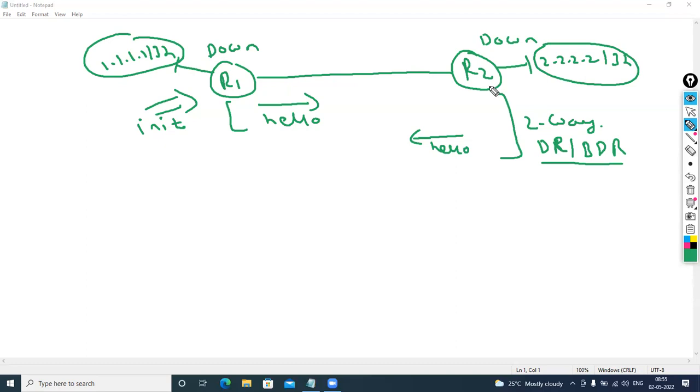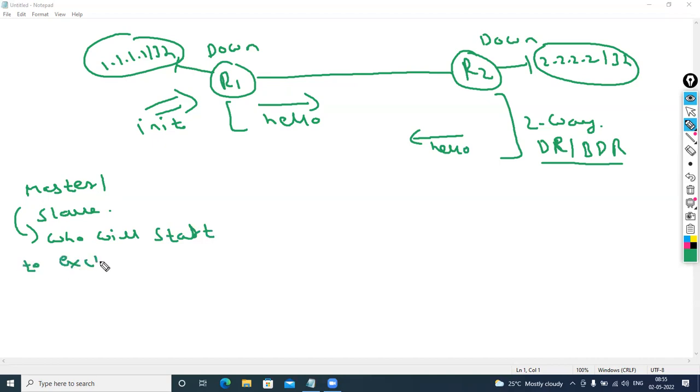Who will start is based on the highest router ID. If router ID is not there, then the highest interface IP. The master will always start exchanging. In this case, R2 will start, because of the highest router ID. If router ID is not there, then the highest interface IP.